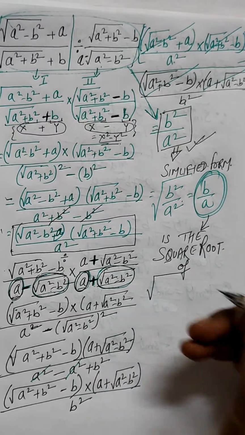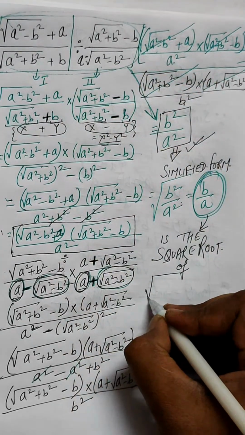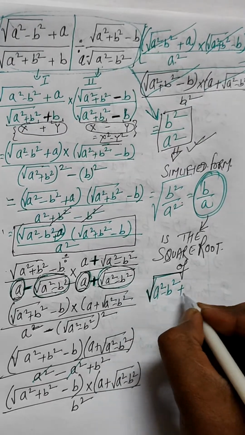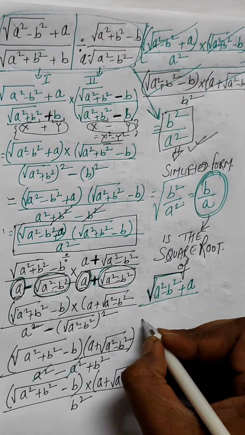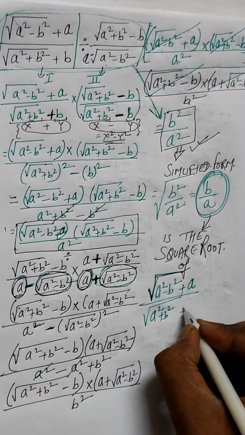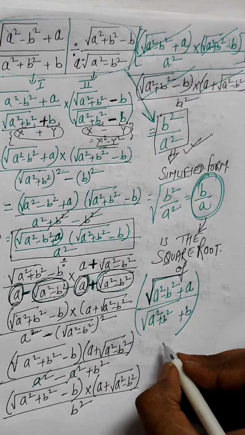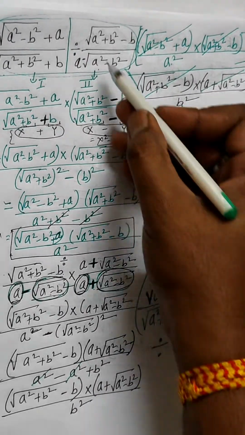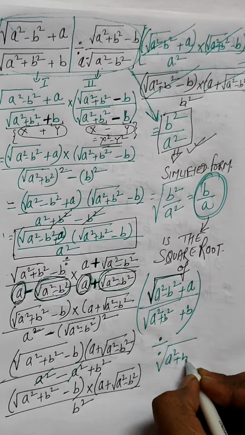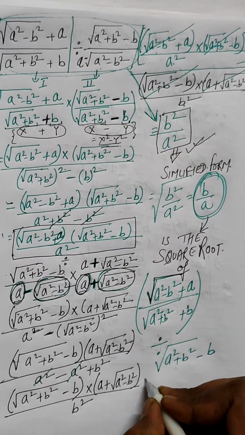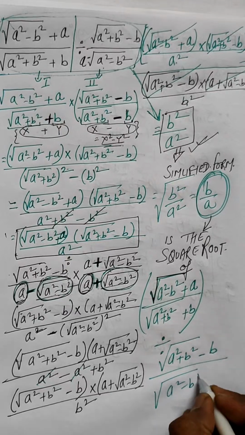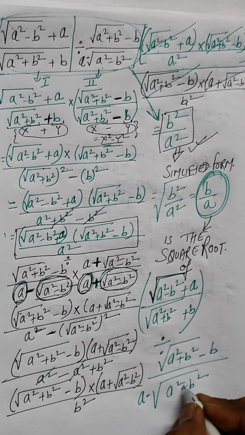Of your main expression, that is root over of a square minus b square plus a by root over of a square plus b square plus b, divided by the second part, that is root over of a square plus b square minus b divided by a minus root over of a square minus b square.